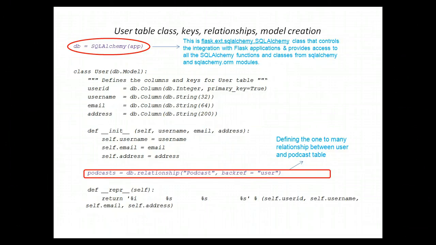So there is basically a declarative system in SQLAlchemy. What we really want to achieve is to define our data as class objects, and we want the ORM to take care of the rest.